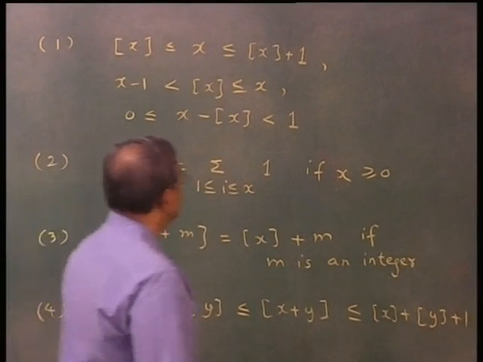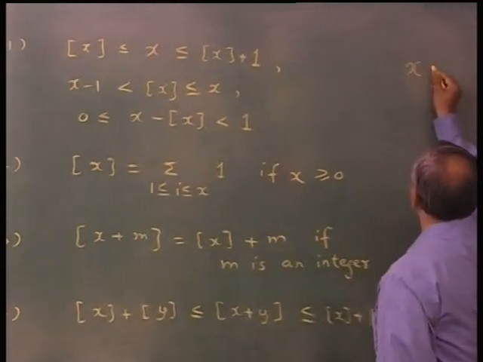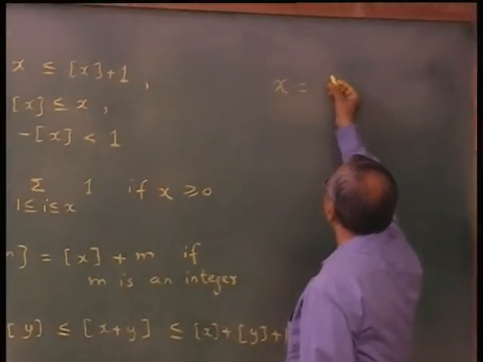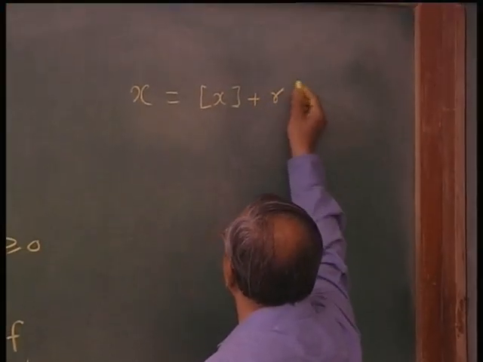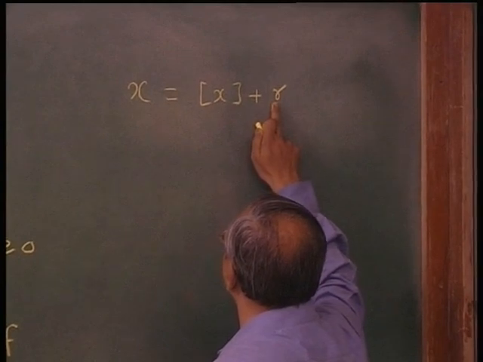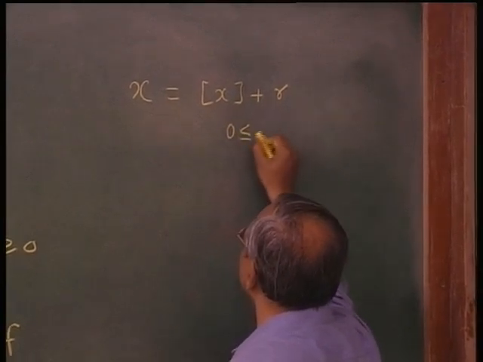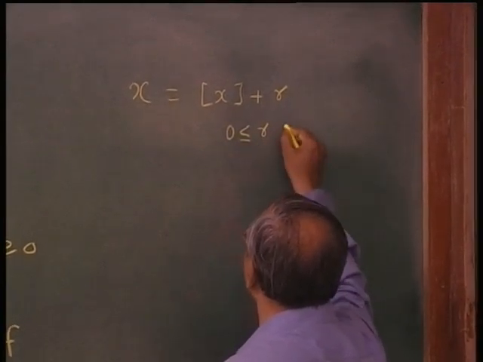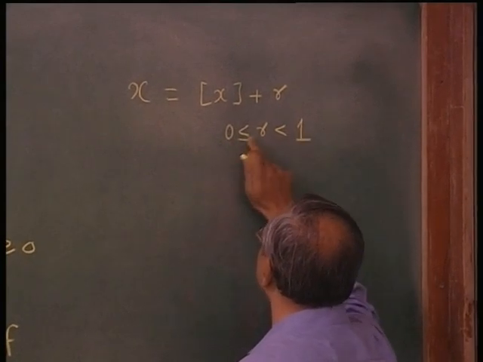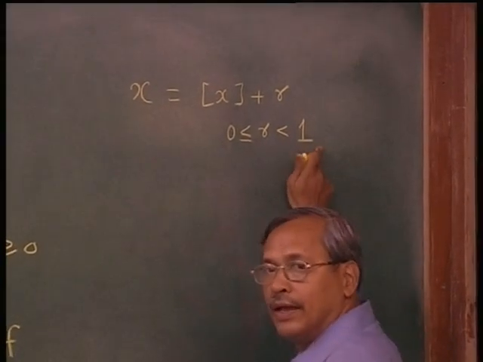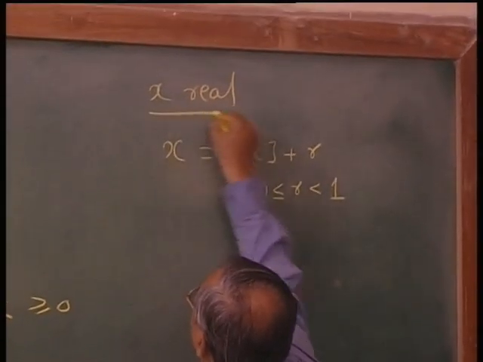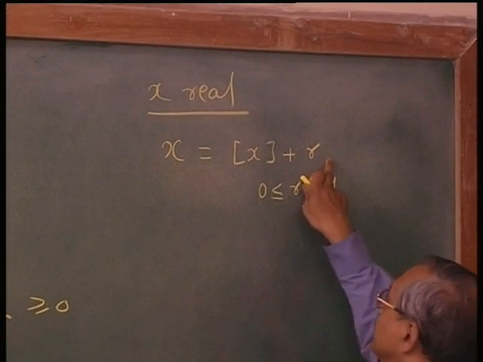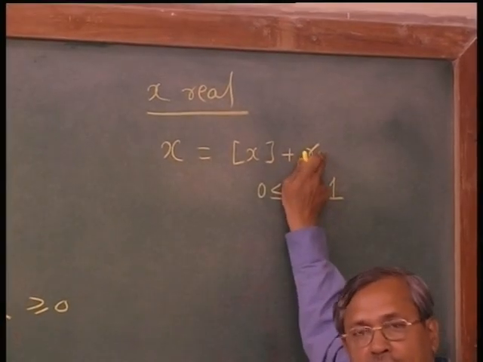To see this, if you take any real number, you can write it as the integral part of x plus r, where r is a real number between 0 and 1, 0 less than or equal to r less than 1. Any real number x you can write as integral part of x plus r. This is the basic thing.